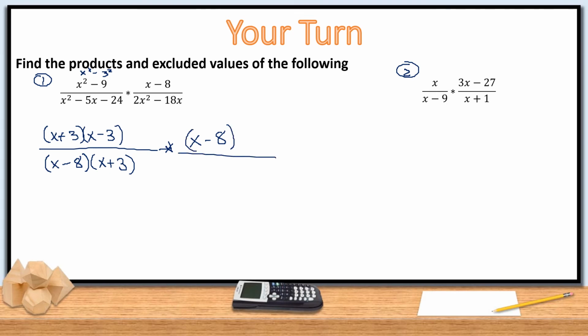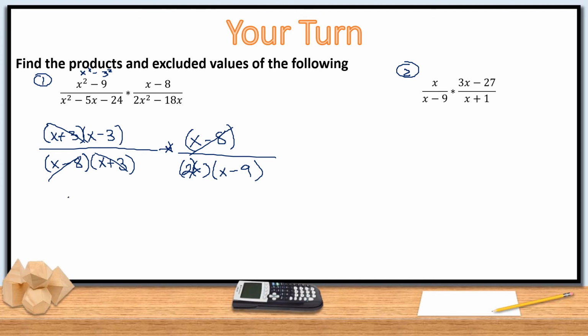2x squared minus 18x. So 2x is common. I guess that would technically be separate factors, 2 and x. And then we're left with an x minus 9. All right, so push it all together. The x plus 3s will cancel. X minus 8s will cancel.